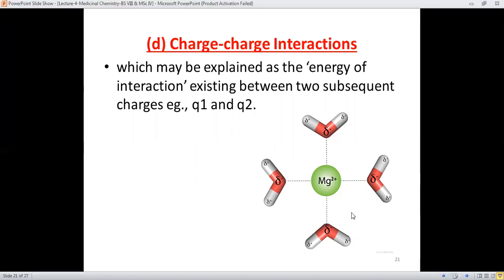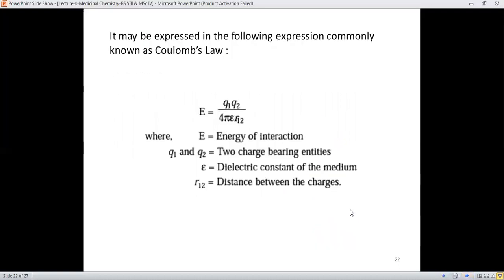It means that Q1 may be the charge on one entity, and Q2 on the second one. There is an energy of interaction according to Coulomb's law, where Q1 and Q2 are the two charge-bearing entities, and the dielectric constant of the medium will also show its effect. And the distance between the charges, if it's more, then the energy of interaction will be lower.